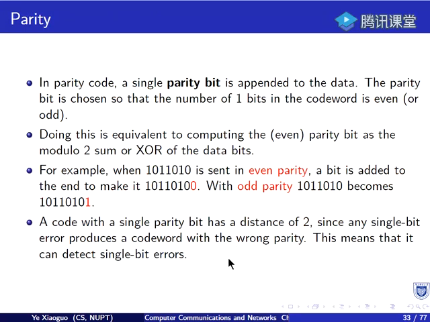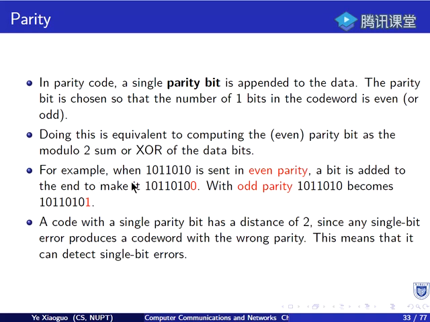First, the parity code. In a parity code, a single parity bit is appended to the data. The parity bit is chosen so that the number of 1 bits in the code word is even or odd. Doing this is equivalent to computing the even parity bit as the modulo 2 sum or XOR calculation of the data bits.